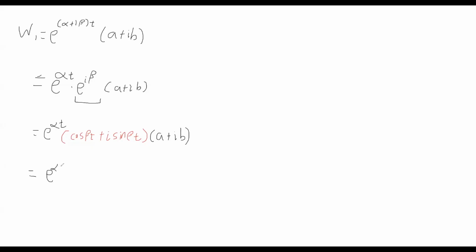All right, so we have e to the alpha t multiplied by cosine beta t times a minus sine beta t times b, and then plus i times sine beta t times a plus cosine beta t times b.